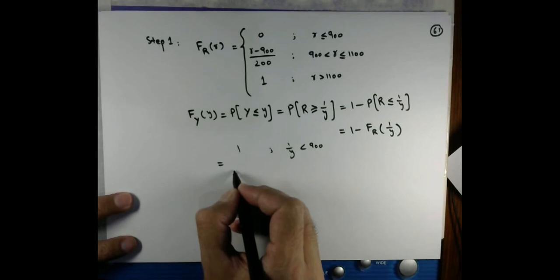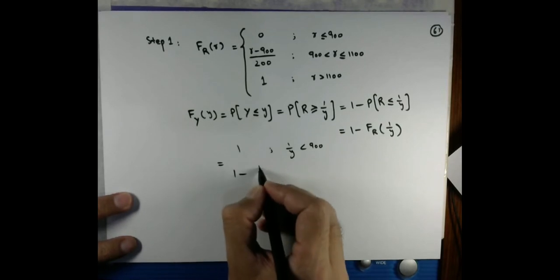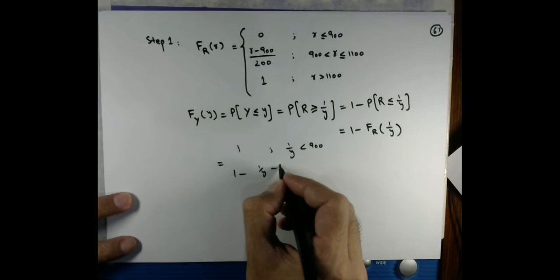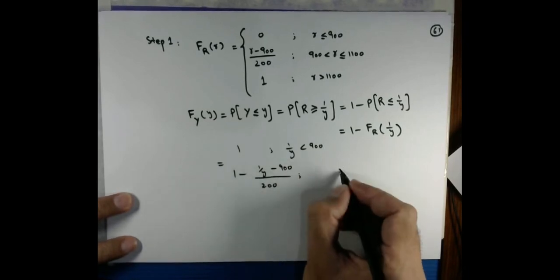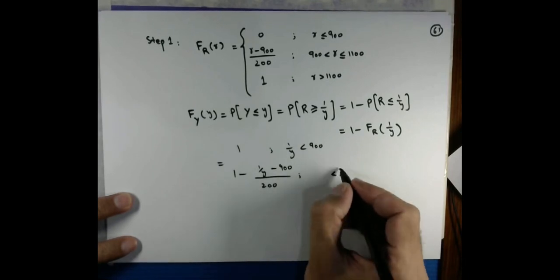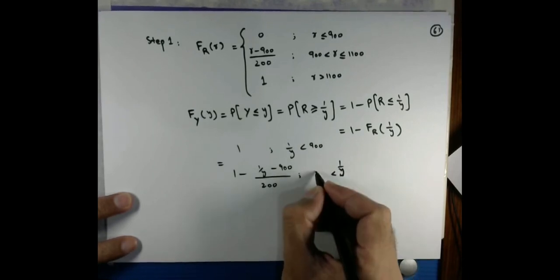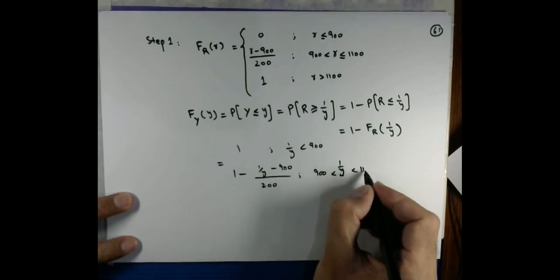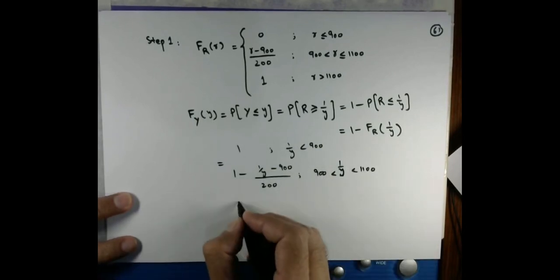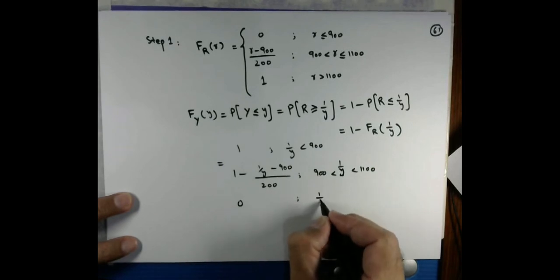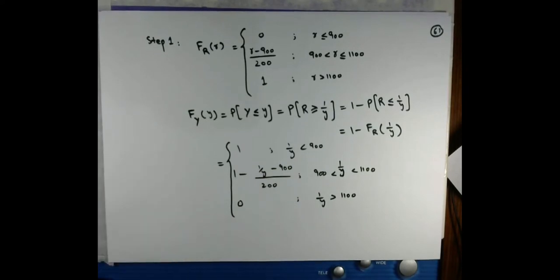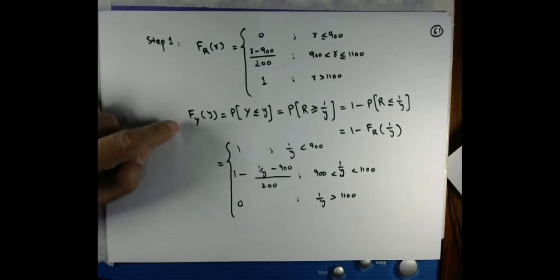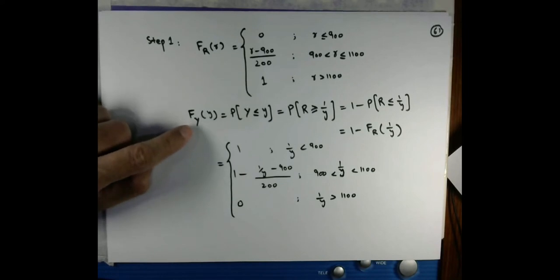And I can write the second part as 1 minus 1 over y minus 900 over 200 for, sorry, 1 over y between 900 and 1100, and it is equal to 0 for 1 over y greater than 1100. So now we have been able to write the CDF of the derived random variable y.